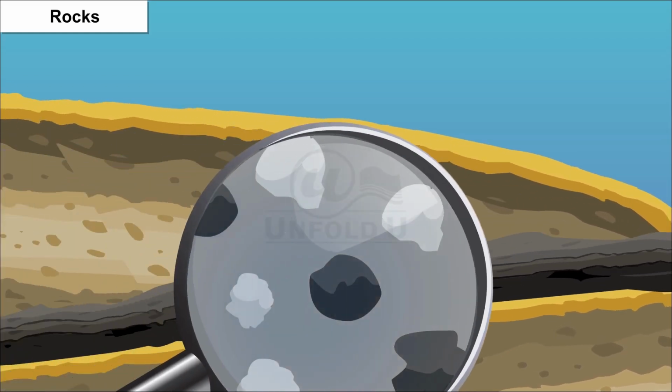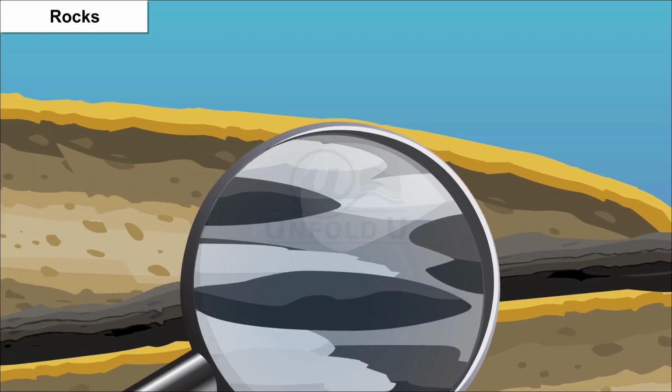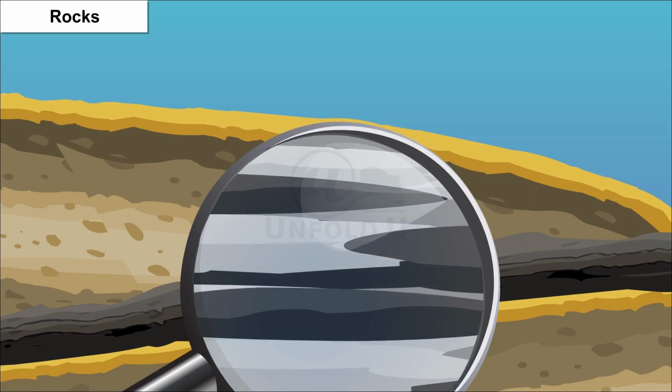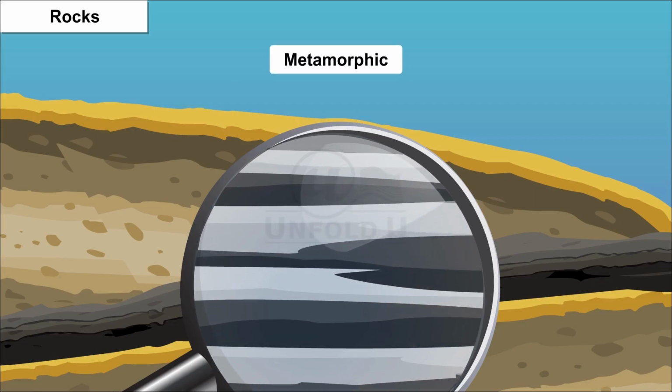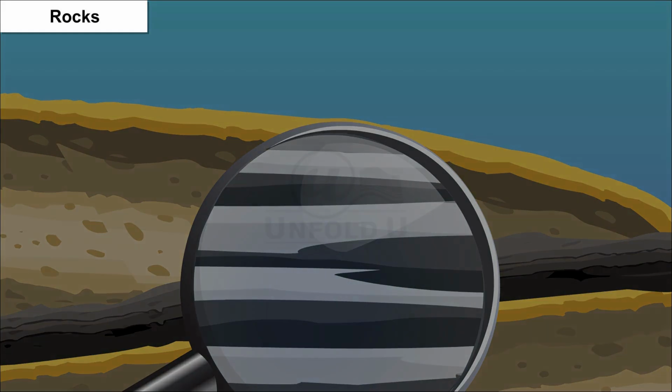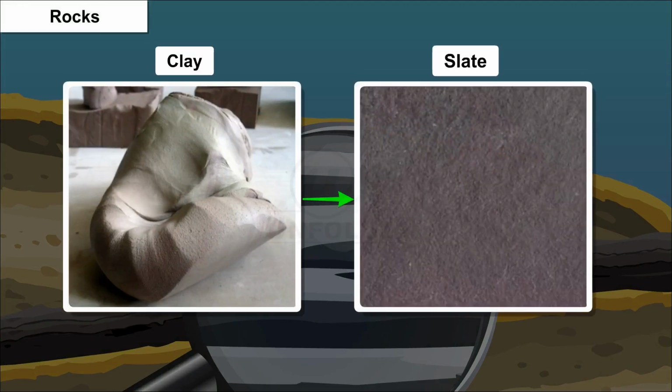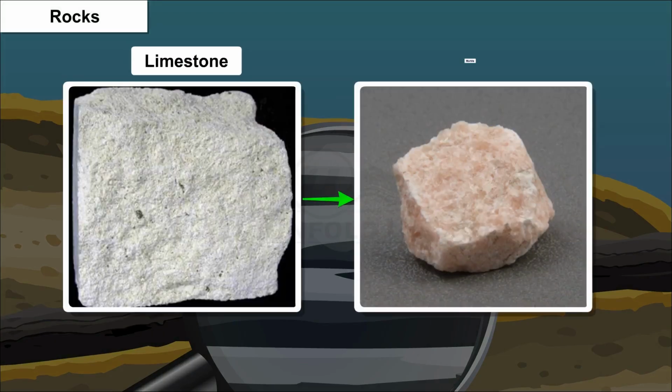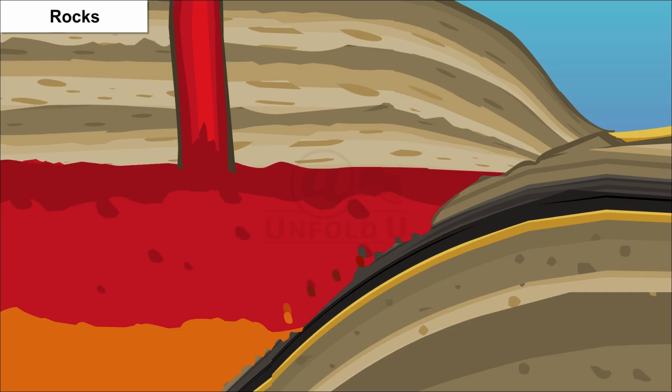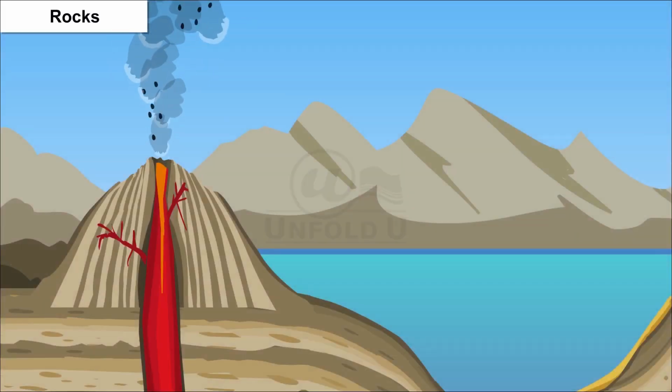Further, when igneous and sedimentary rocks get subjected to heat and pressure, their composition changes and metamorphic rocks are formed. For example, clay changes into slate and limestone into marble. These metamorphic rocks are under constant heat and pressure and melt to form molten magma again, and the cycle continues.